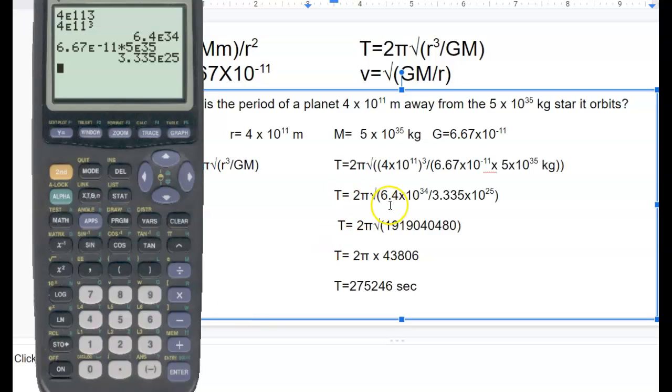So now I can do 6.4 times 10 to the 34th divided by my 3.335 times 10 to the 25th. That gets me this really long number here. Now I'm going to take the square root of that.